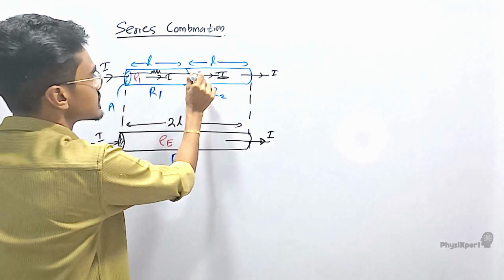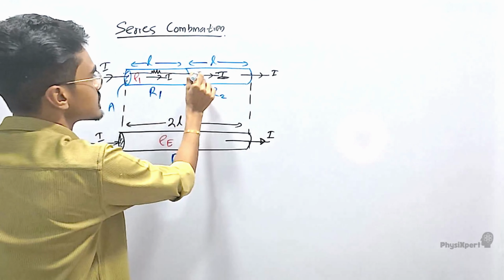Now, these two resistors R1 and R2 are in a series combination. We know how to simplify resistance in series from the previous idea, and we are going to use that idea. Then Re equals R1 plus R2, because these two resistors are in series combination.